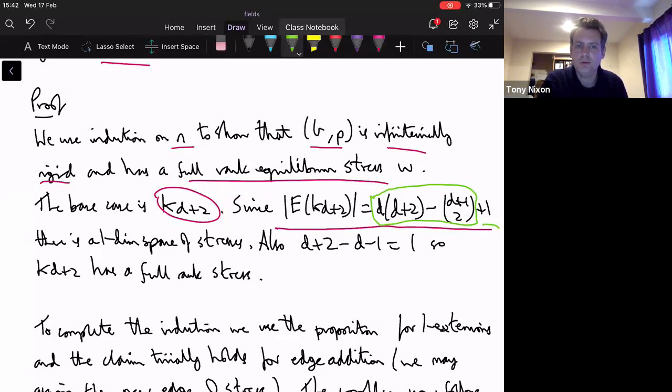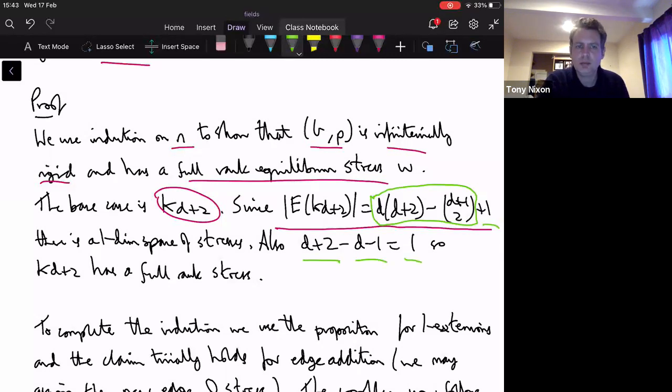So like for K4, we can just find a unique stress by setting one of those entries to a 1, say. But if you also think about it, K_{d+2} has d plus 2 vertices, and we want to get to rank n minus d minus 1, which is d plus 2 minus d minus 1, which is just 1.